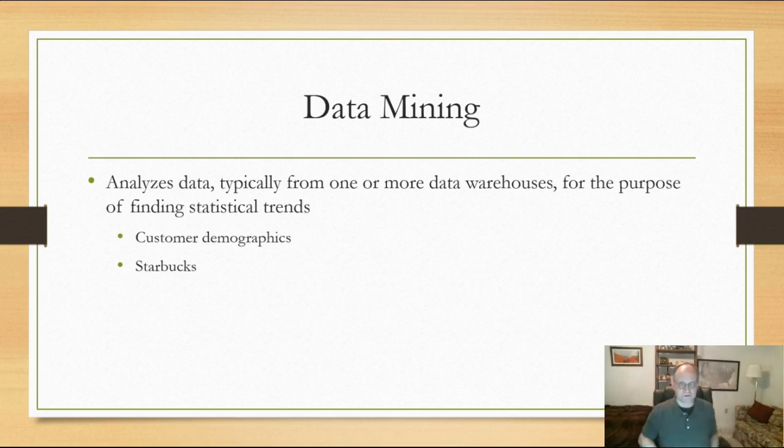From that, their sales increased significantly. They could also have used it to attract a different niche market and maybe change their products, but they didn't do that. They were going after their core demographic, and using data mining, they were able to do that.